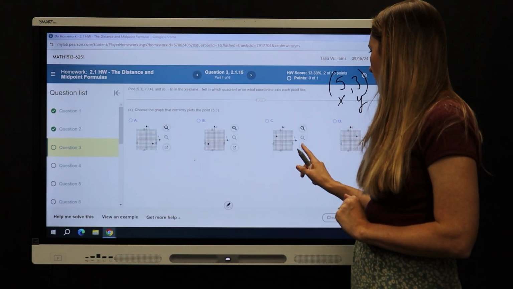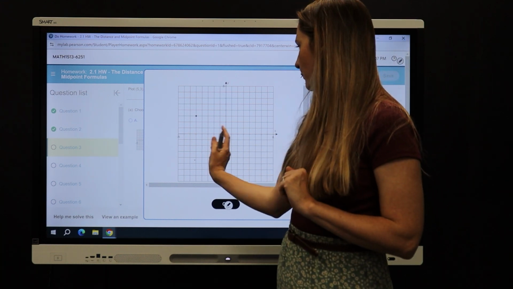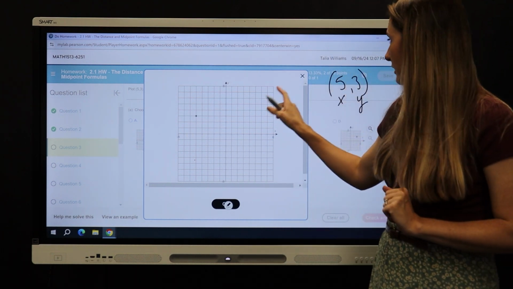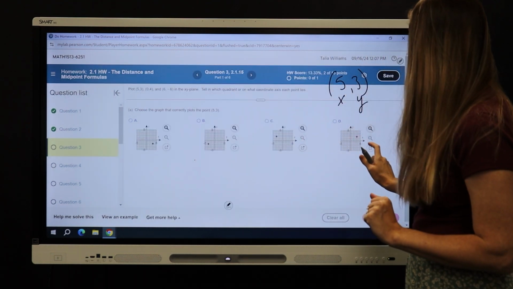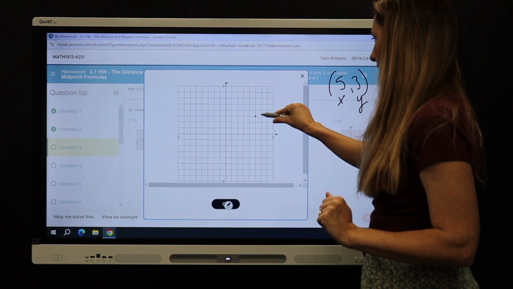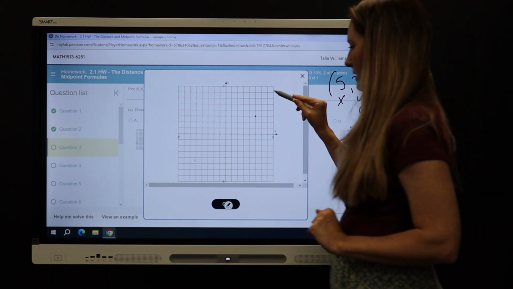So it's not that one. This one is negative 5 because it went left from our center, and up 3, so this is (-5, 3). And so here is our lovely answer. They went right 5, and then up 3. Since ours is positive 5, positive 3, it's going to be in this area.